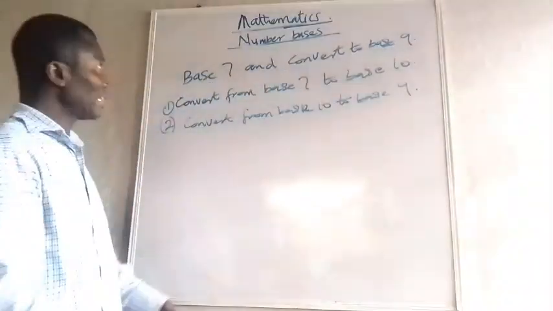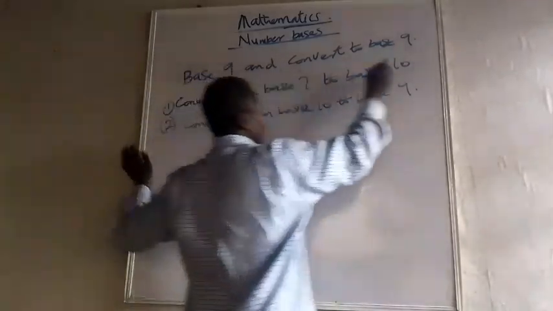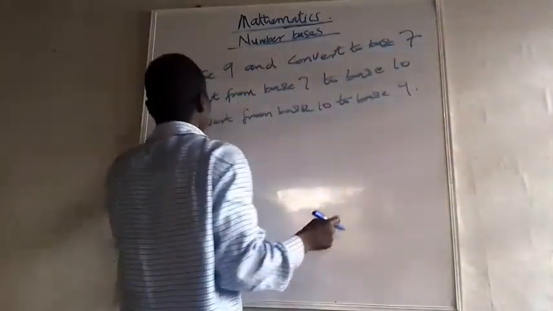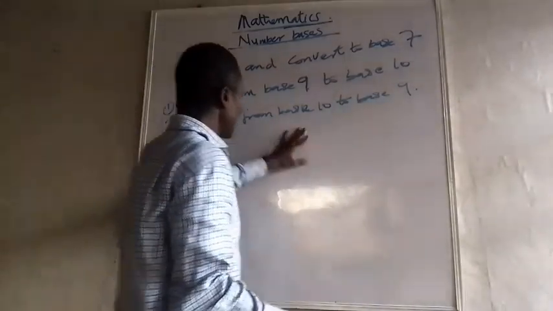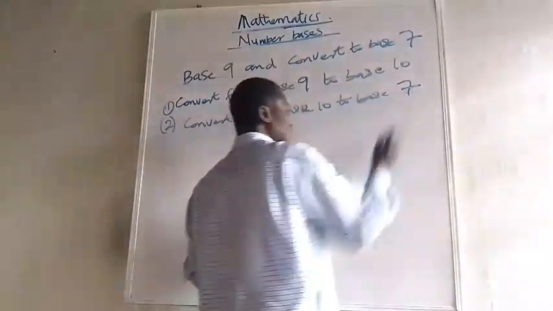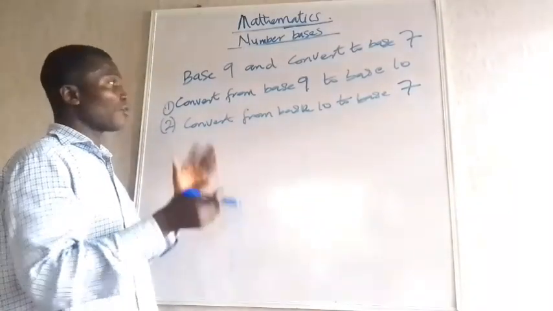And the same way, if it is from base 9 to base 7, you have to convert from base 9 first to base 10, and then convert from base 10 to base 7. This is the general way of handling it.